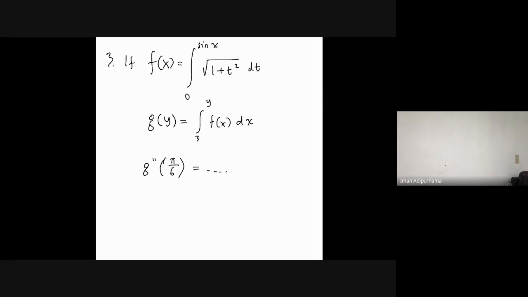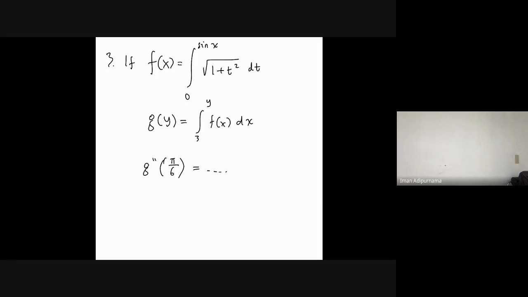You put the d/dx at the front, and you will cancel the integration. But you need to solve the inside function, and also see the relation between f and g. Okay? f is a function of t, but g is a function of x. So whatever happens in here, it will affect this one, right?